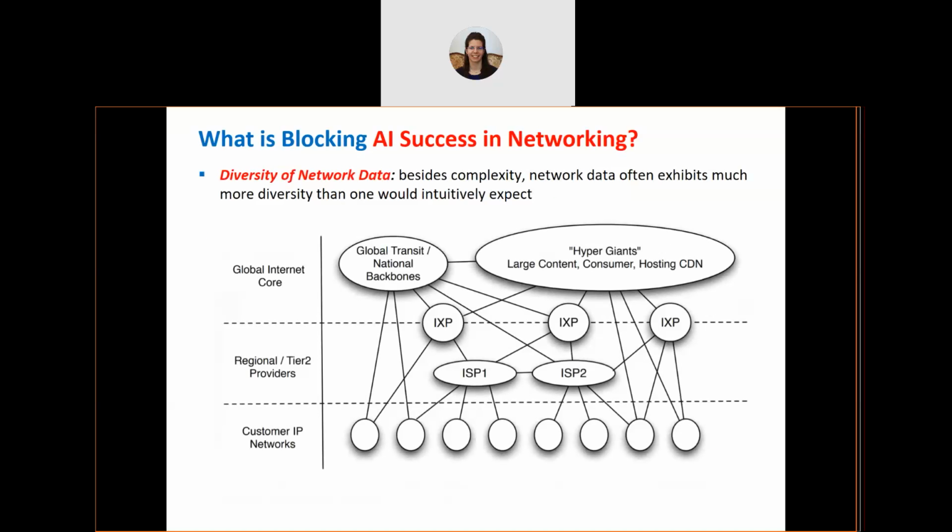As I was saying about the diversity of the data, this is also linked to the complexity before. It's very different, the type of data that you can have in different networks, because of the data that flows through a specific network, the many specifics of that network.